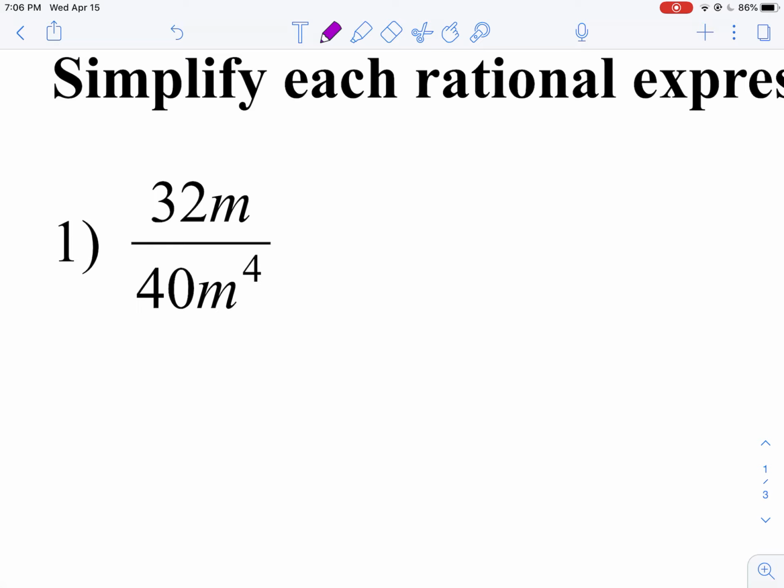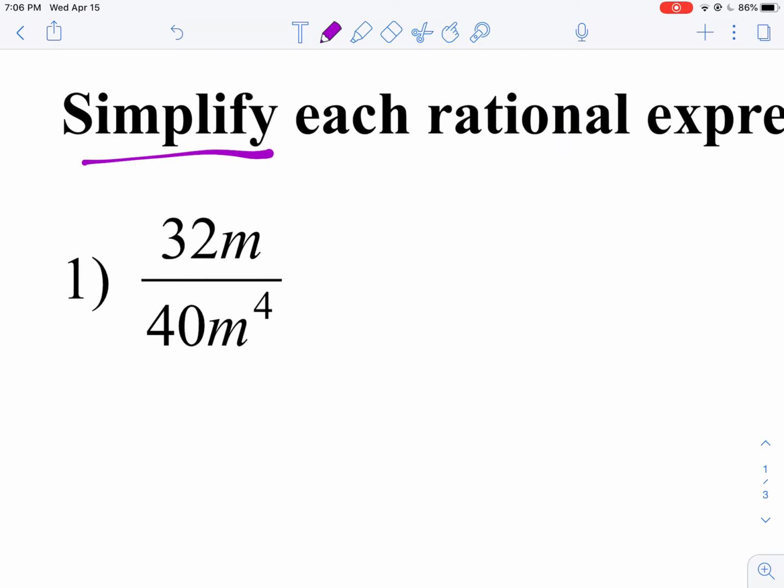We have 32 times m divided by 40 m to the fourth. All right, what we're going to do is we're going to simplify. So we're going to take something like number 1, and we are going to simplify it using some of the rules we know with fractions and with factoring to make this expression simpler.